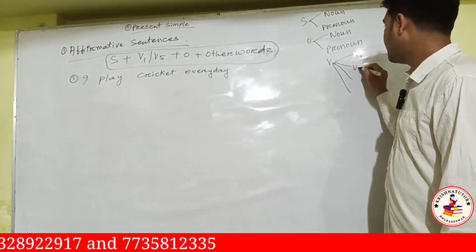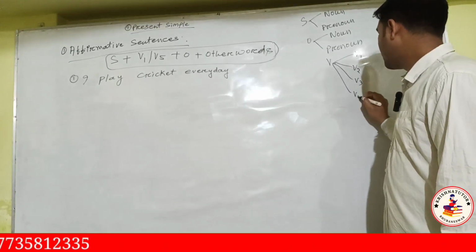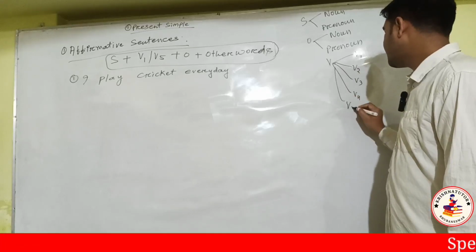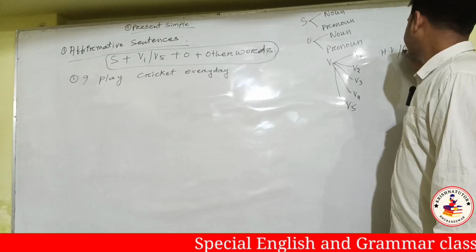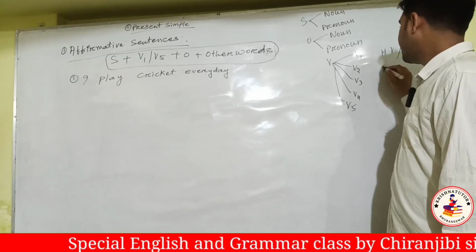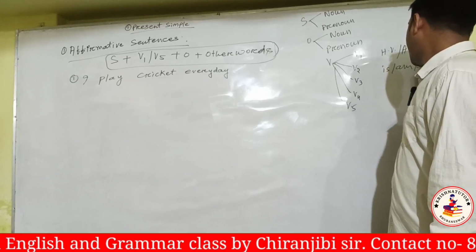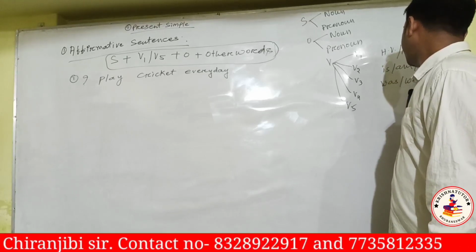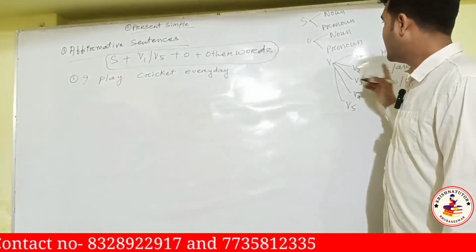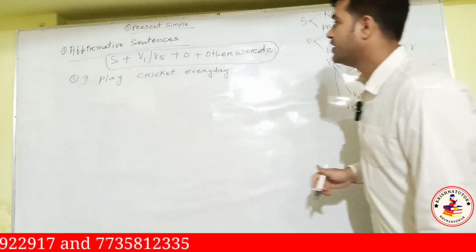If it is a main verb, V1, V2, V3, V4, and it could be V5. If it is a helping verb or auxiliary verb, it could be is, am, are, was, were, anything.